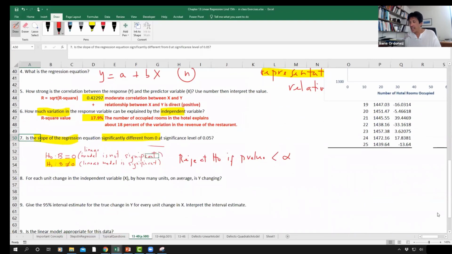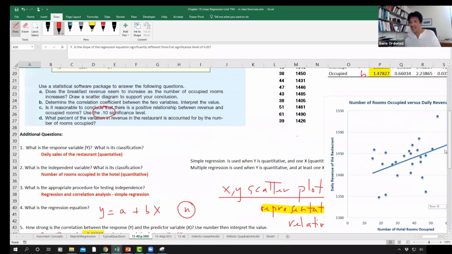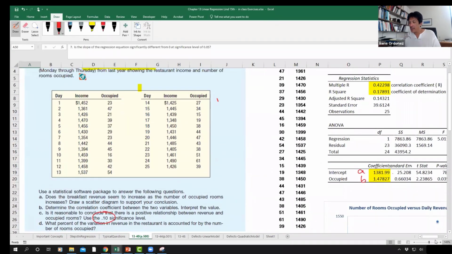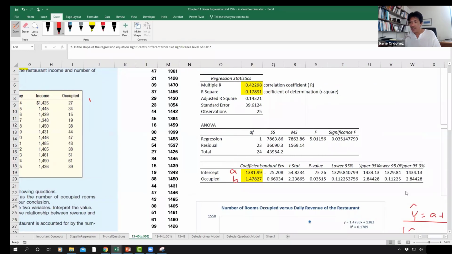So what is the p-value? Where do we obtain that? We will obtain the p-value from either this number here or this number here. They will be the same for simple regression. Okay, so again, the significance of f is the p-value of the test.